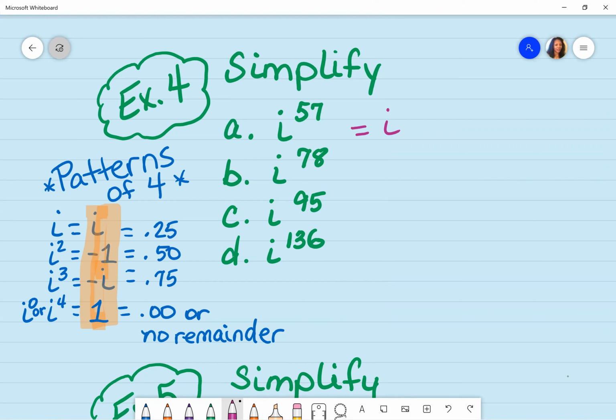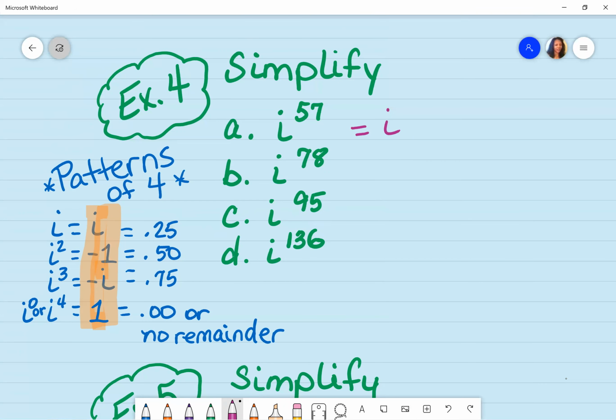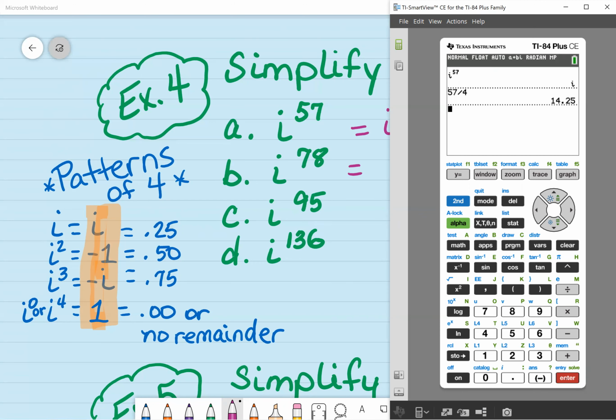If you were using a calculator, let's go back, and you wanted to type in 57 divided by 4, because that's how you would do it, your decimal portion is 0.25. If you look at the chart, that means i. So going to the next one, if I used my i button, second decimal, raise it to the power of 78, and it tells me it's -1. I could also do 78 divided by 4, and it tells me 0.5.